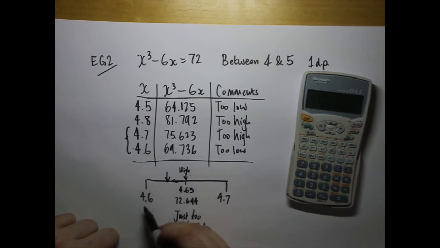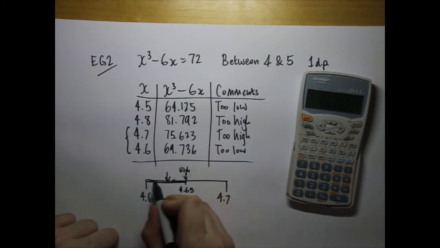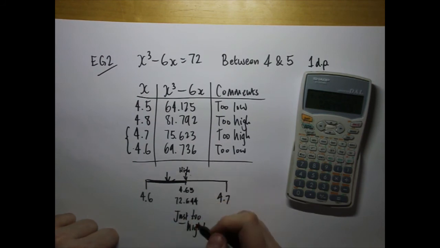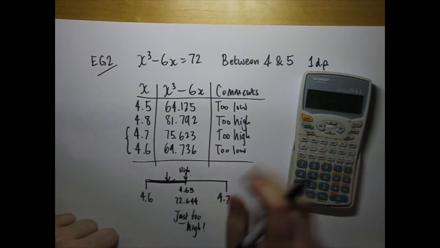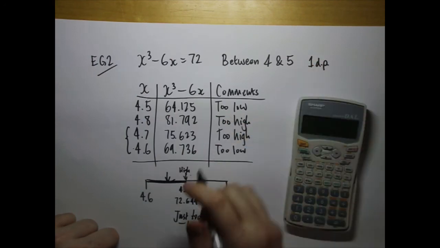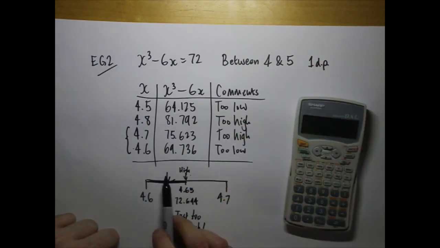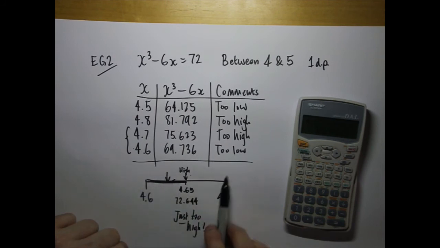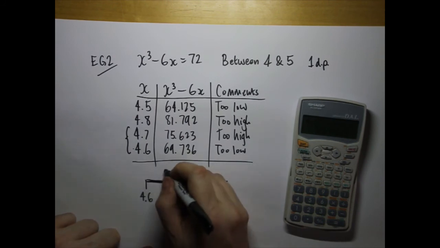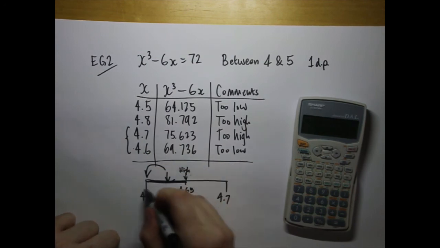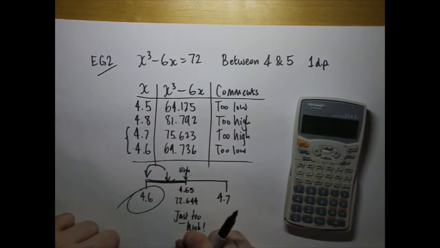Again, we don't know, it could be 4.62, 4.63, but remember, it doesn't matter, because if it's in this region, we're going to have to round it down or up so that we get an answer to 1 decimal place. So we simply ask ourselves, just look at it, is this closer to 4.6 or 4.7? It's clearly closer to 4.6, and so 4.6 would be our answer.